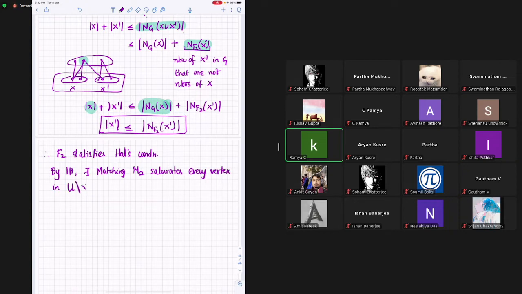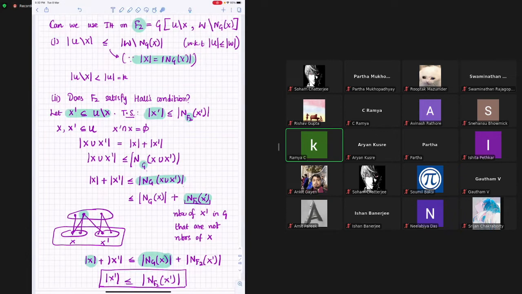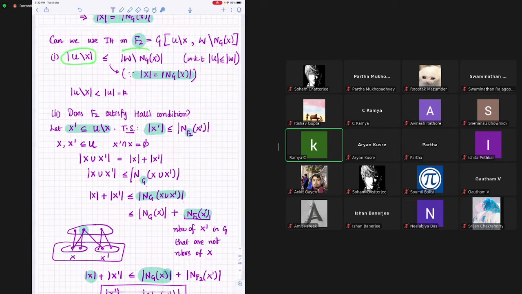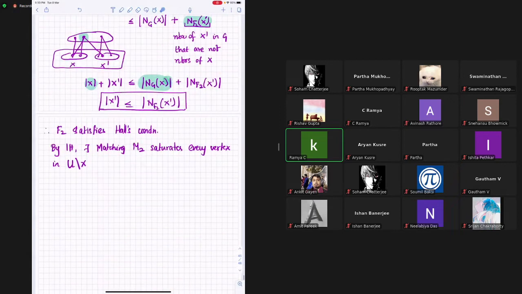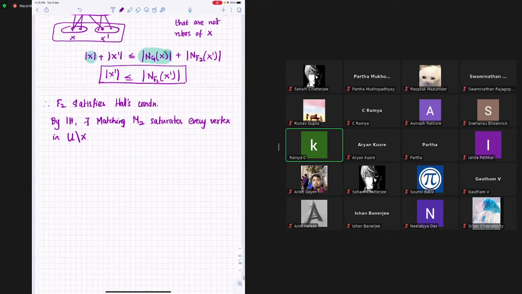It is U minus the set X, right? We showed that this one was the smaller partition. So it saturates every vertex in U minus X. So now what do you have? You have this U. You have the set X here. You have the set U minus X.